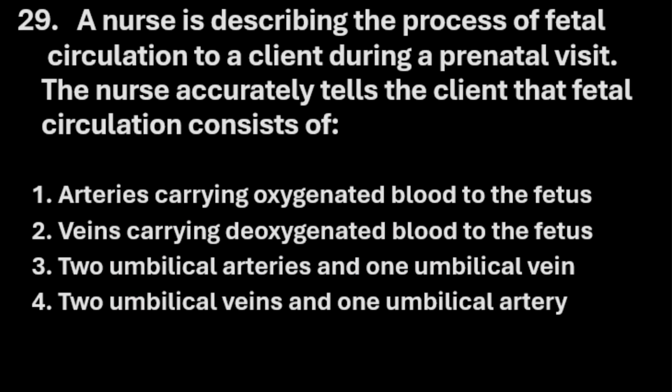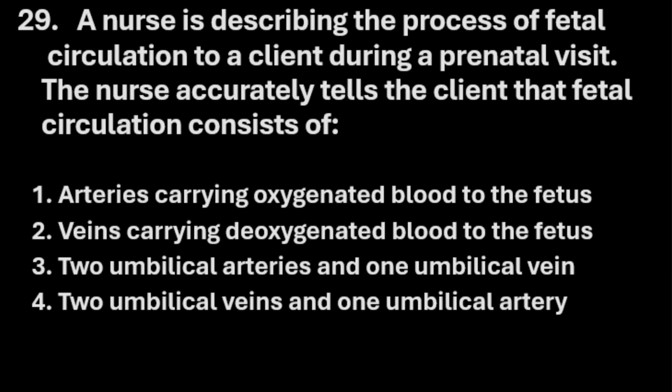Next question. A nurse is describing the process of fetal circulation to a client during a prenatal visit. The nurse accurately tells the client that fetal circulation consists of option 1 arteries carrying oxygenated blood to fetus, option 2 veins carrying deoxygenated blood to fetus, option 3 2 umbilical arteries and 1 umbilical vein, and option 4 2 umbilical veins and 1 umbilical artery.